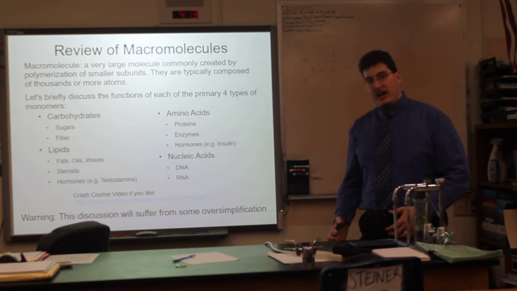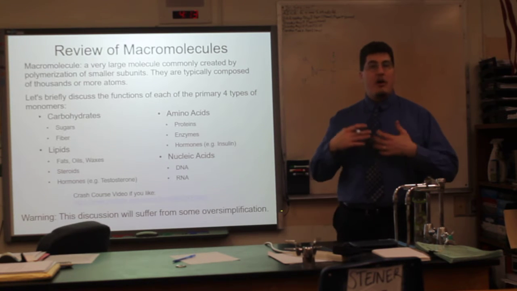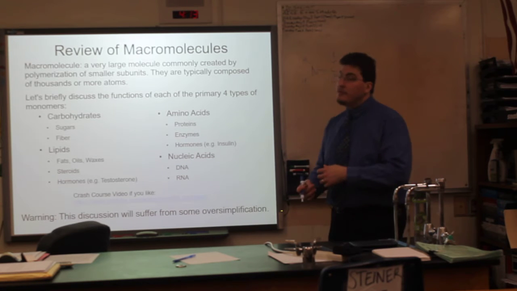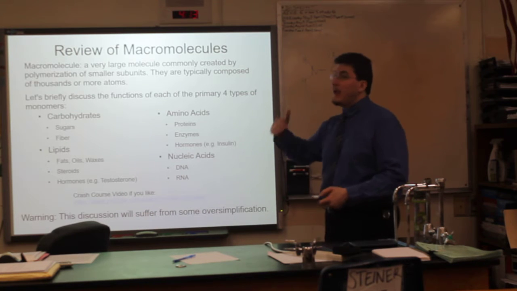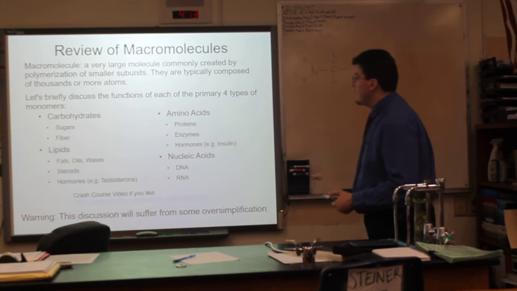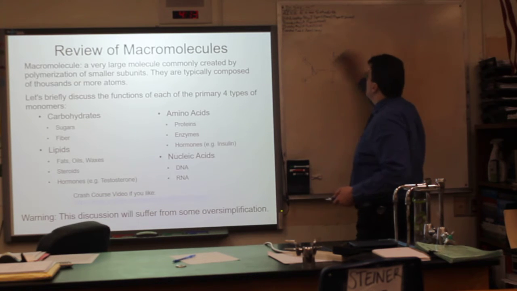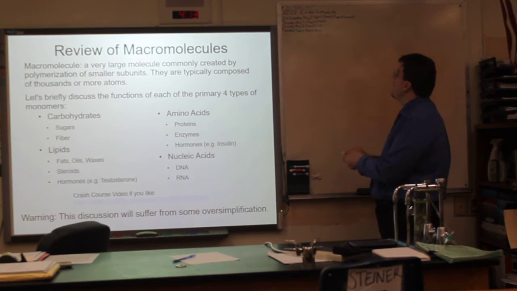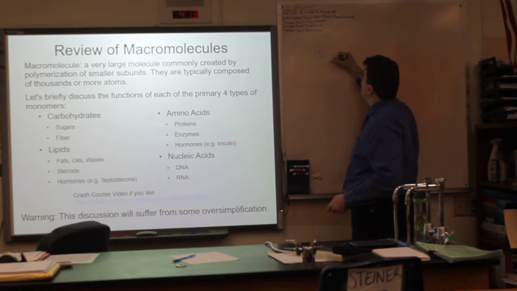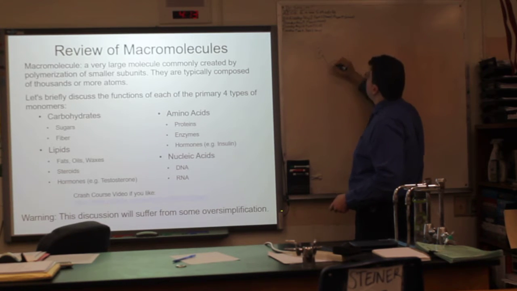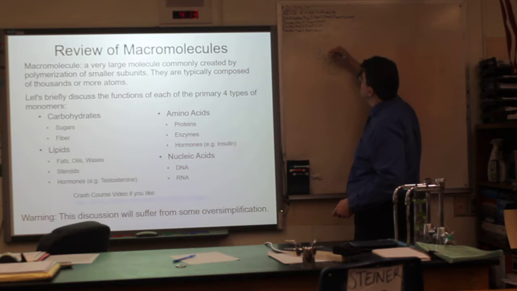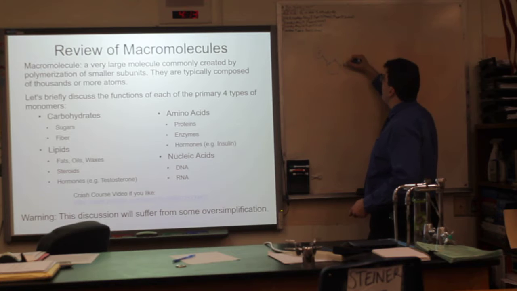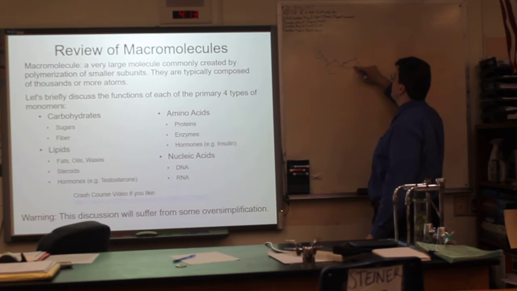Proteins are polypeptide chains. They have a bunch of different forms, but enzymes are proteins with a job to do, and hormones can be also in protein form. Insulin, for example, is a proteinaceous hormone. Nucleic acids. Nucleic acids will typically have the structure of a phosphate group, a 5-carbon sugar, and a nitrogenous base.